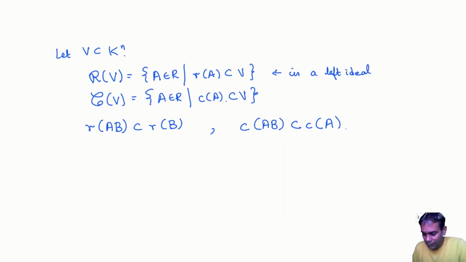And here, if you have a matrix whose column space is contained in V and you multiply it on the right by another matrix, then the column space of the product is still contained in V. So that means that this is a right ideal.